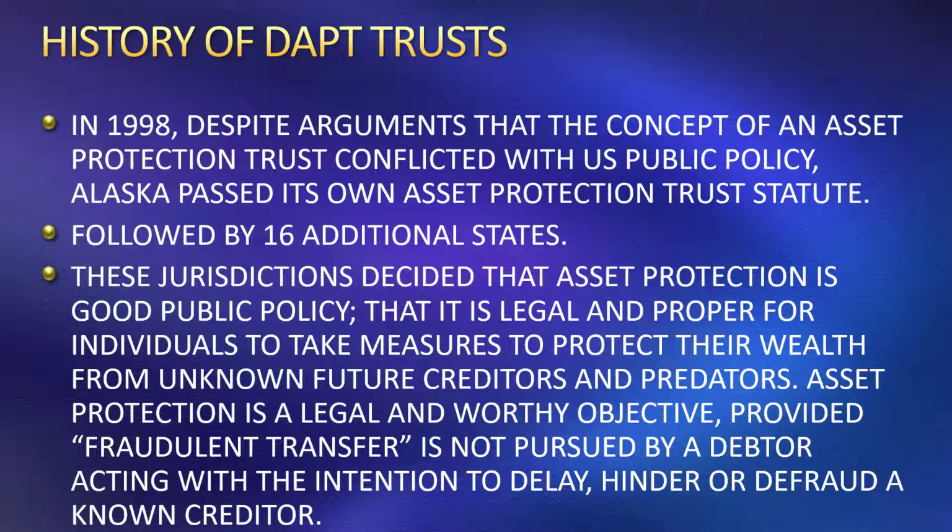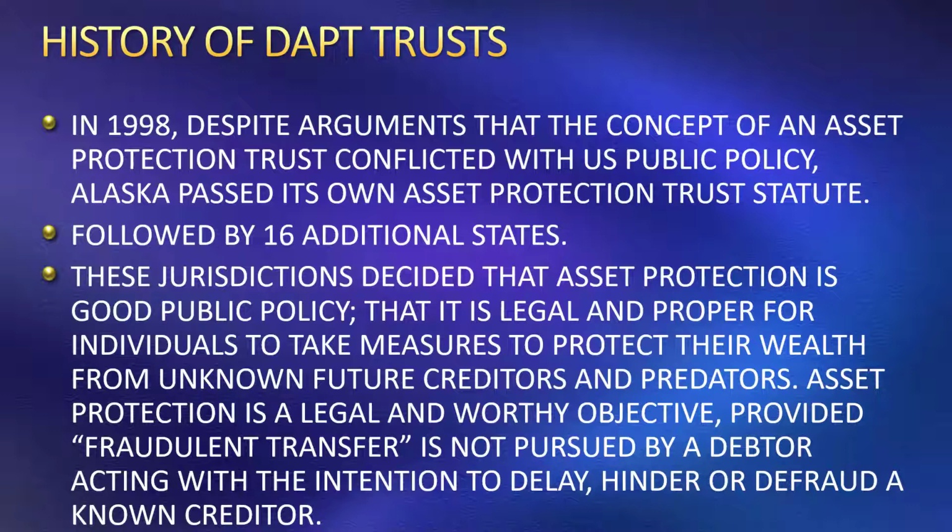History of the DAPT Trust. In 1998, despite arguments that the concept of an asset protection trust conflicted with U.S. public policy, Alaska passed its own asset protection trust statute, followed by 16 additional states.